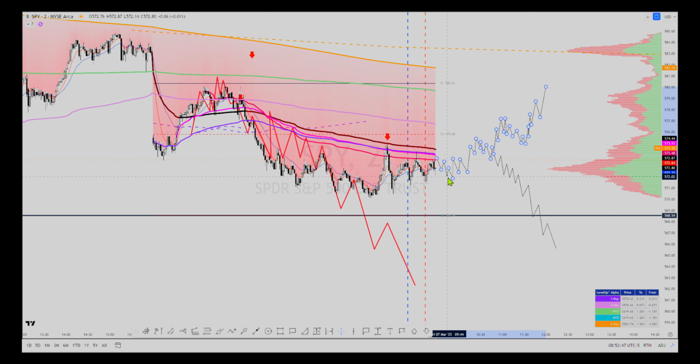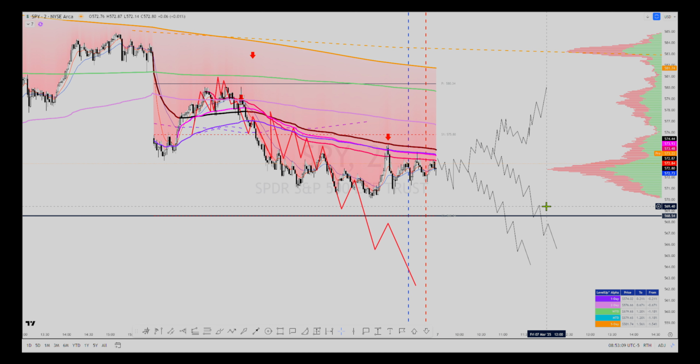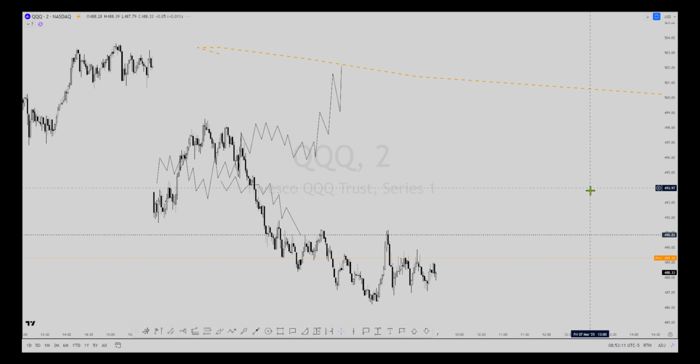Or we get a flush, reclaim into the daily VWAP and break down. This could either be later in the day, that decline, or maybe it just comes right away, just like this. Get some shorts excited, flush down, get back up into this premises, and then start to decline. So that's some situations on the SPY.